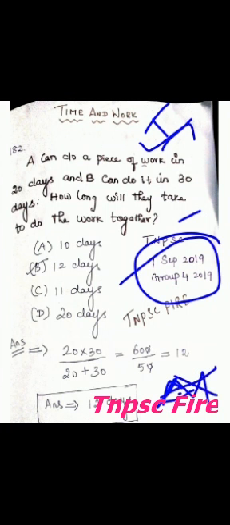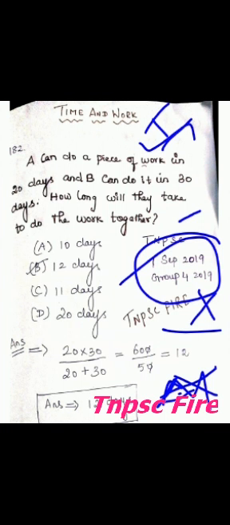You always multiply the values in the numerator. Only the denominator will change, depending on the question.